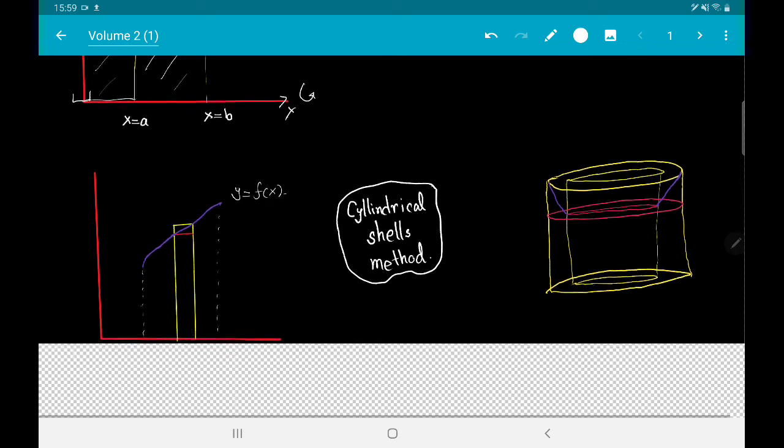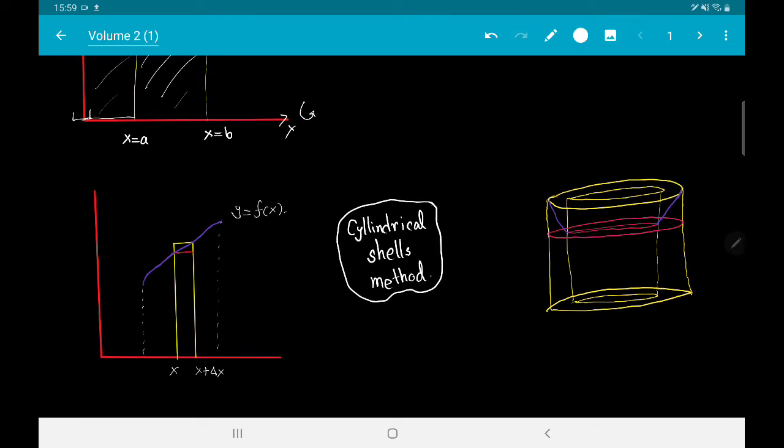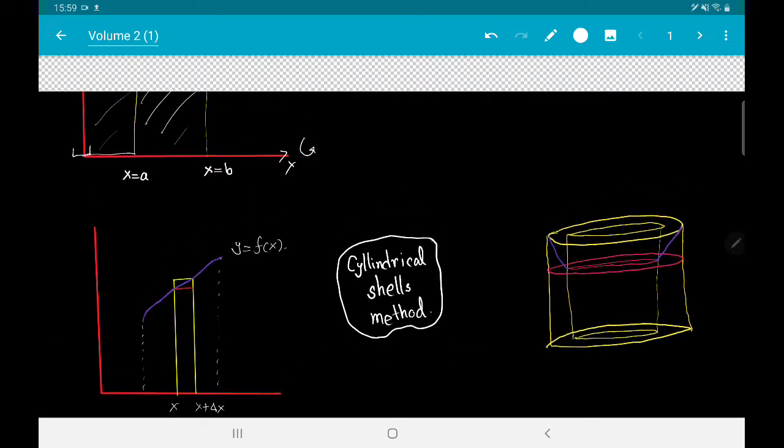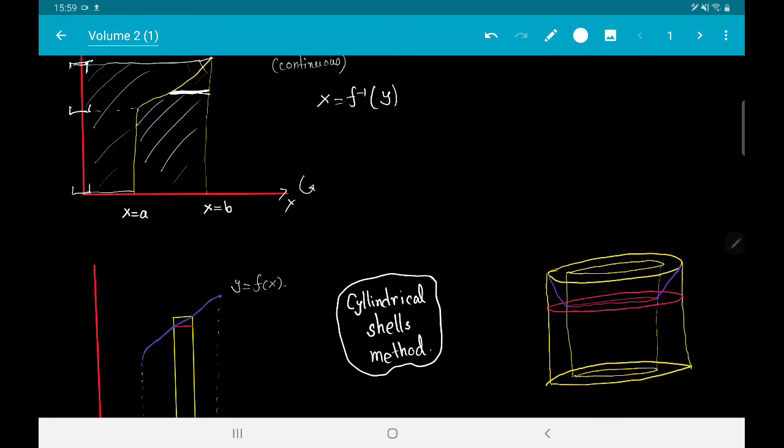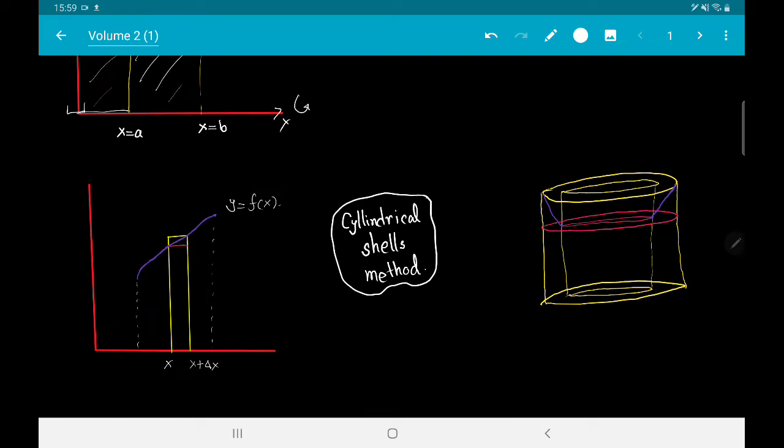So here we are not going to use washers like this. Instead, we are going to take rectangles which approximate the region on the xy plane somewhat.